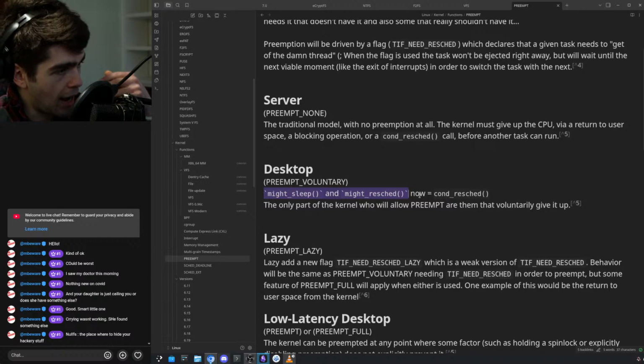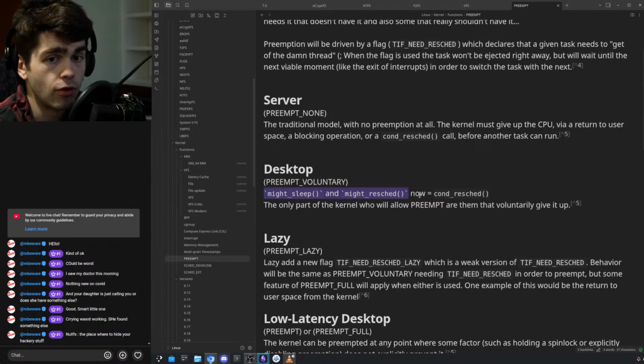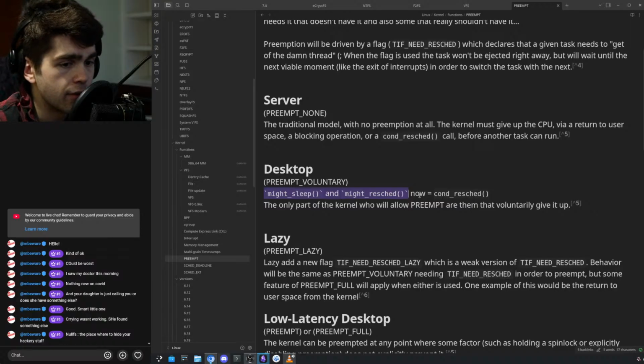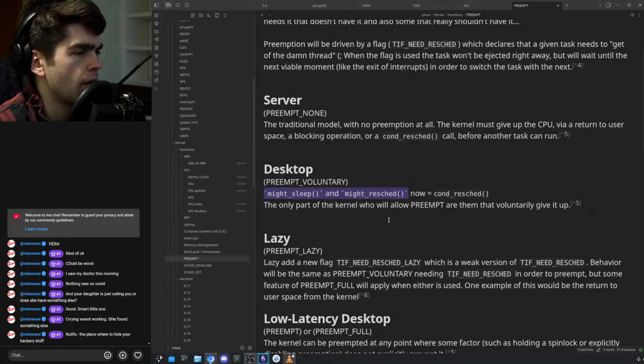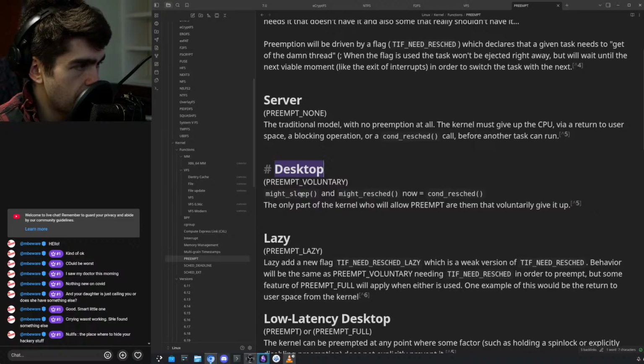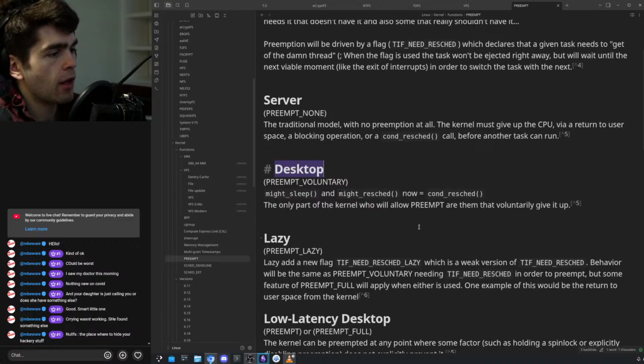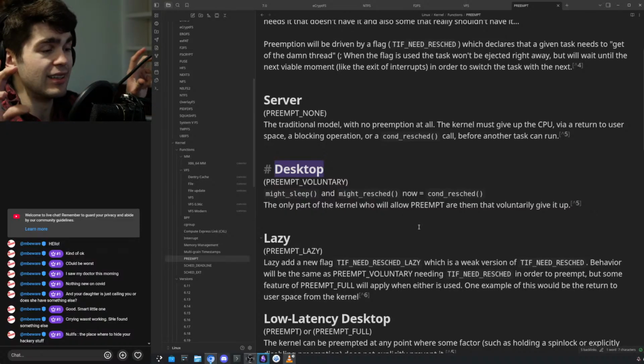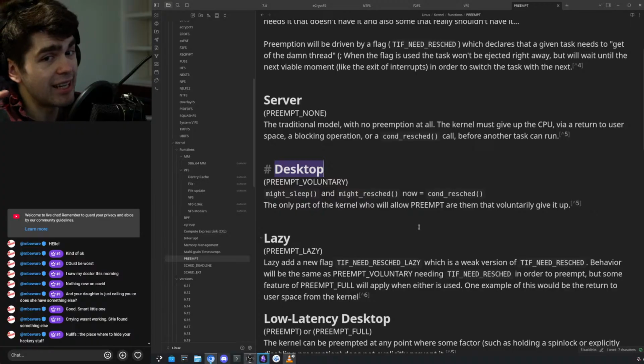So this now allows us to skip to preempt at more places. That's traditionally been desktop mode, preempt voluntary, but lately lazy mode has actually taken over.